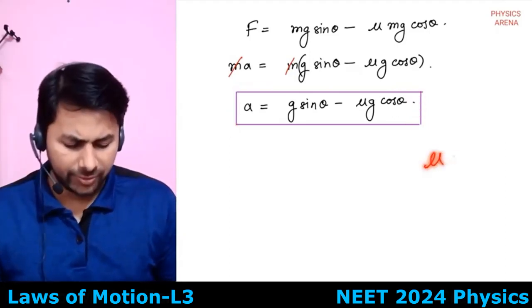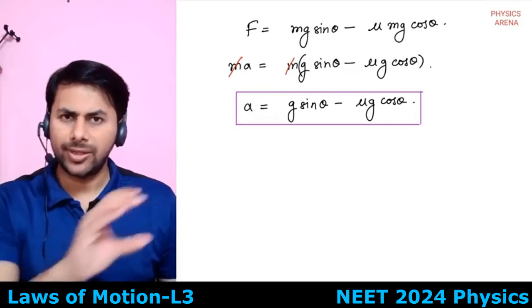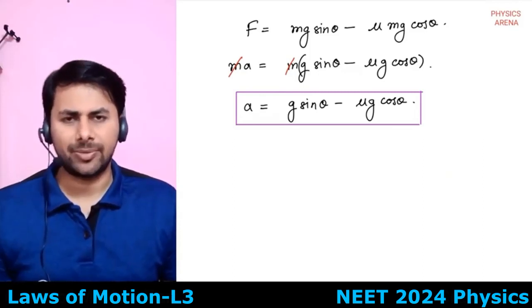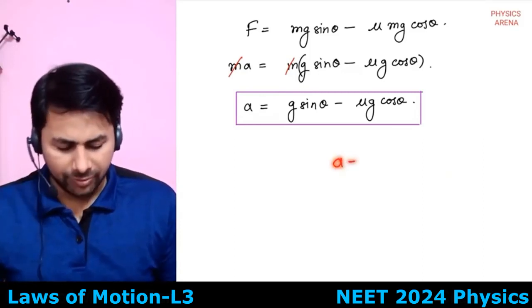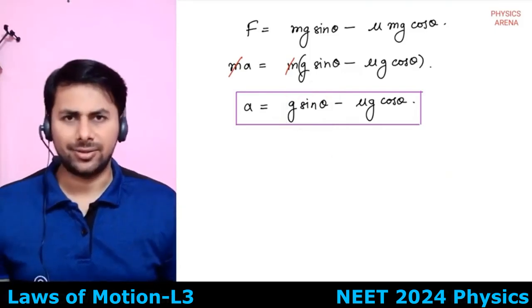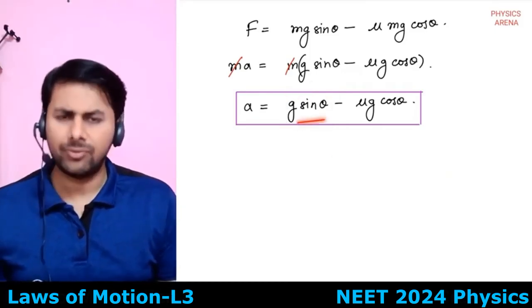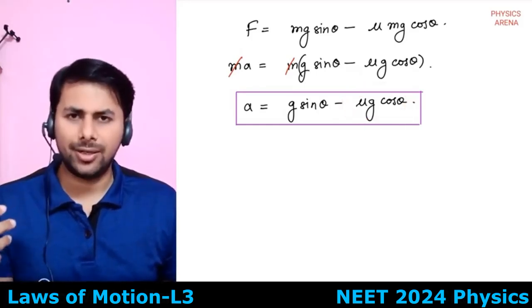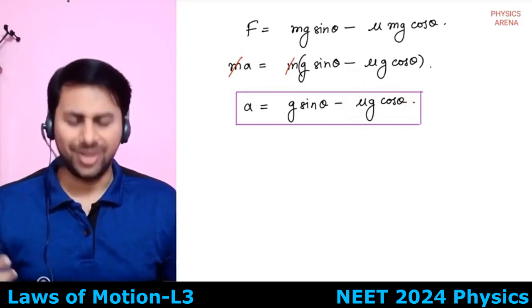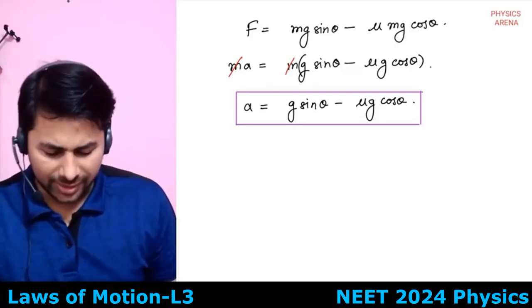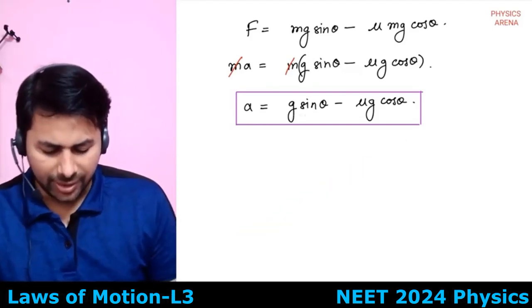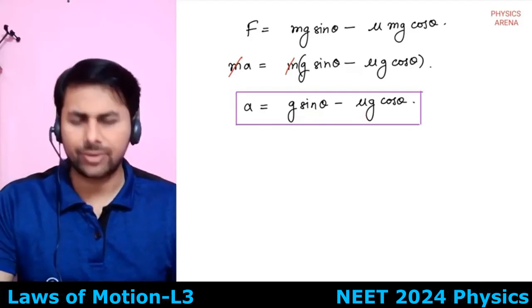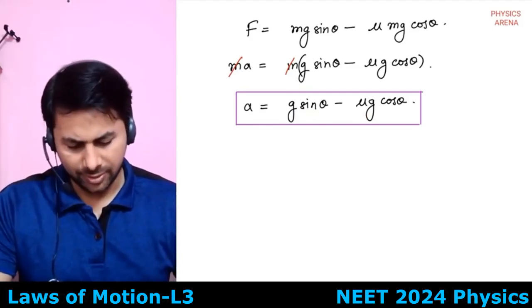Now if mu is equal to 0, the body is sliding on a frictionless surface, and the acceleration will be equal to g sin theta. We had seen this formula earlier. The only addition now is that the acceleration on a rough surface will be g sin theta minus mu into g cos theta.